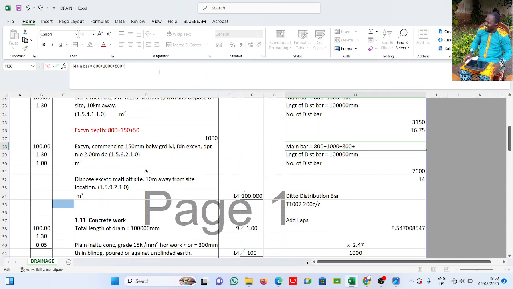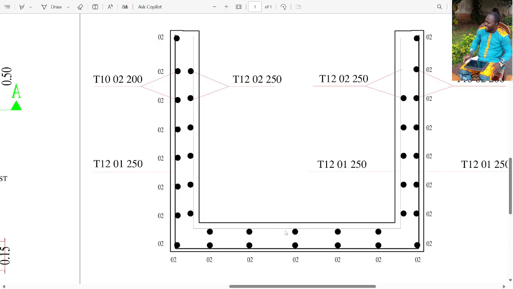Let me put it in bracket so that when you study, you will know. 4 times 50. This 4 times 50 is the extension of that internal main bar. From here to here is the 1000, but there's a little extension here and here: 50 mm, 50 mm, 50 and 50.